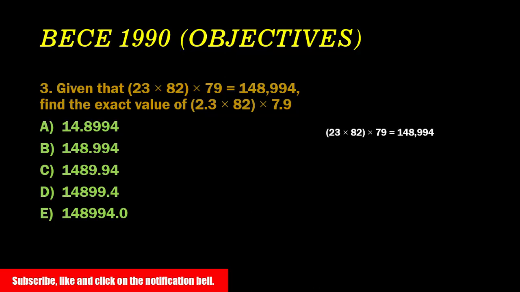So now if you look at our simplification, we'll look at what was given to us, then we'll work with it until we come up with the right answer. So for now, let us look at the simplification involving the quantity 2.3 times 82 times 7.9.